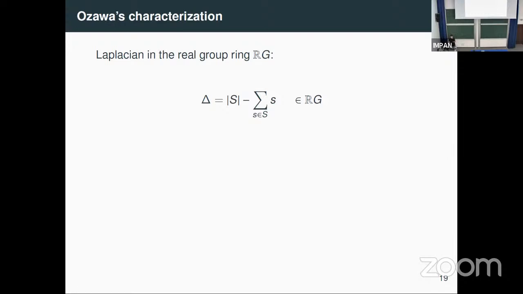The Laplacian element is defined, this is a non-normalized one, as the number of elements in the generating set S minus the sum of the generators. So this is a discrete version of the Laplace operator.